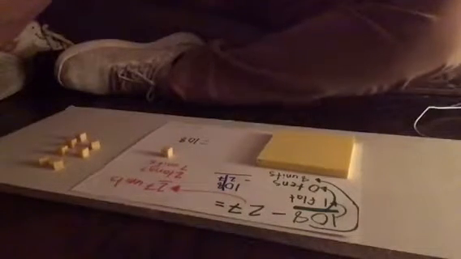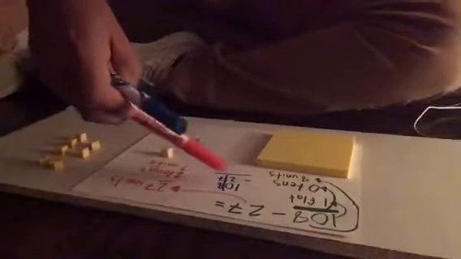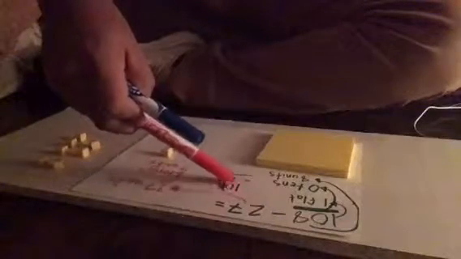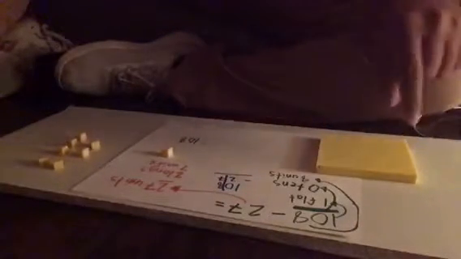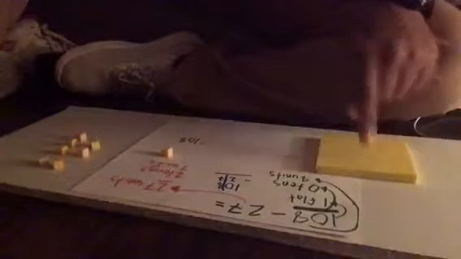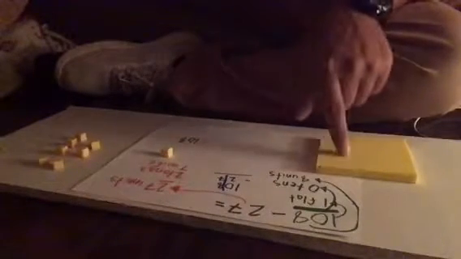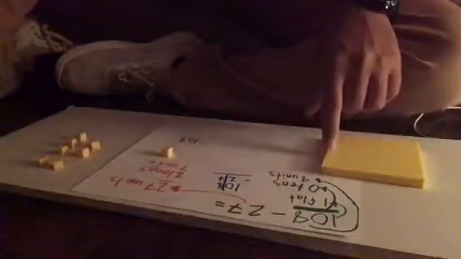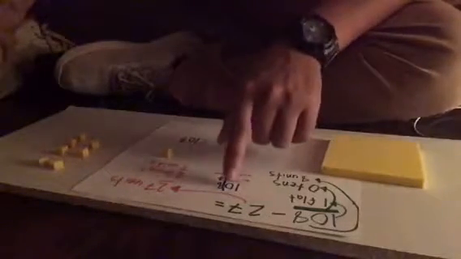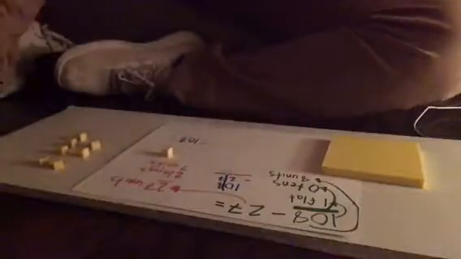Now if you notice here, I'm trying to take away 2 from the number 0. Since I don't have any longs to take away the 2 from, I'm gonna transform this into longs, or from now on I'm gonna consider this converting. I'm gonna convert the 1 flat into 10 longs.